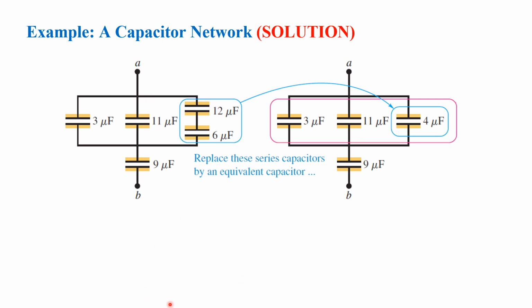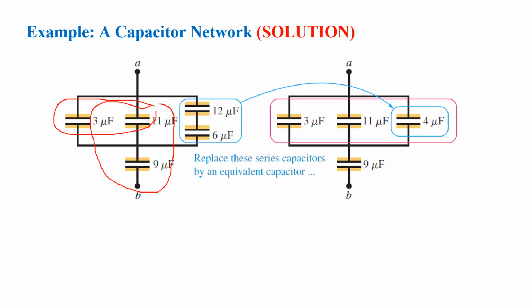In this case, you'll see two capacitors that are in series, which you can simplify directly. It will be hard to simplify, for example, these two first, because you are affecting this one here and even this one here.